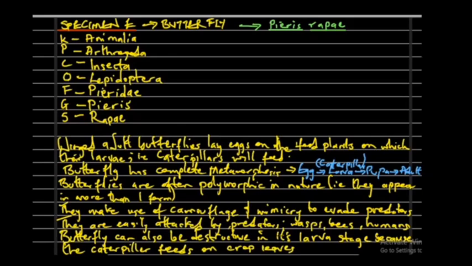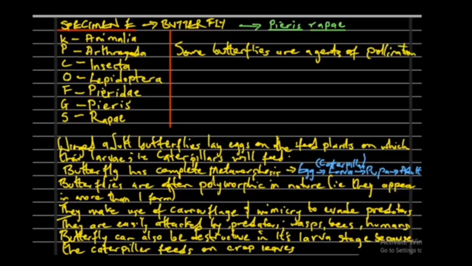Some others are agents of pollination. Yes, this particular organism can also be used for pollination. Some butterflies are agents of pollination, so they can actually help to transfer pollen.